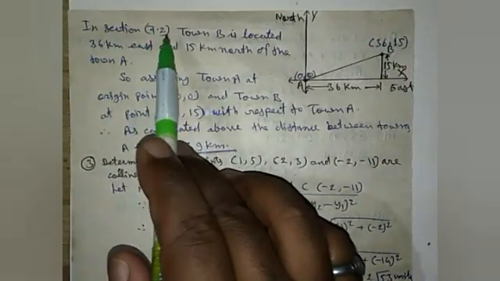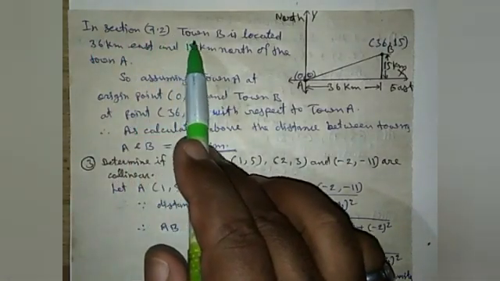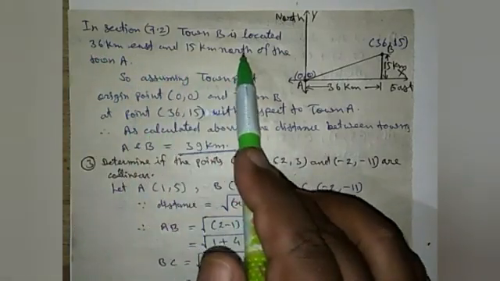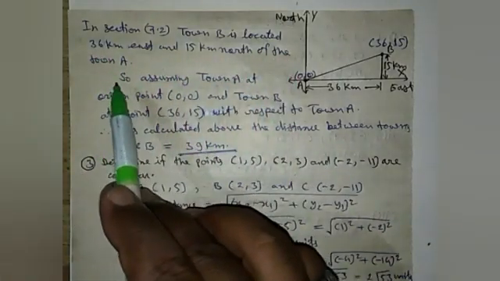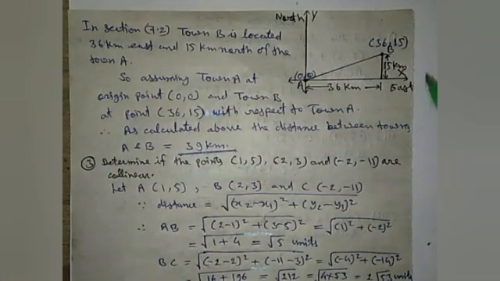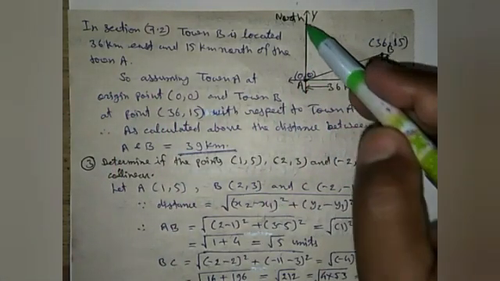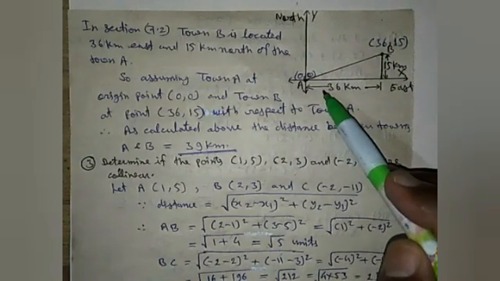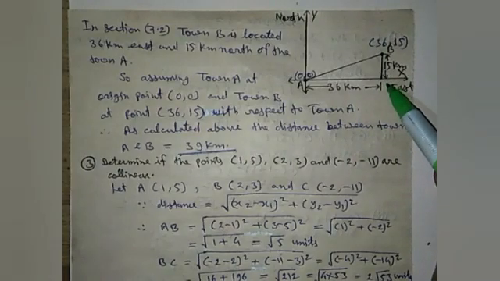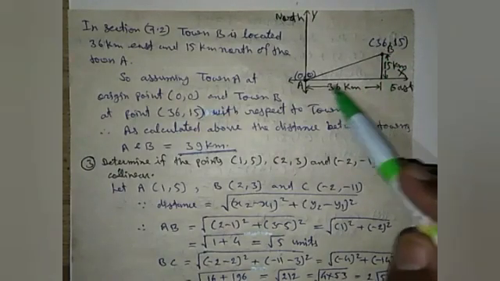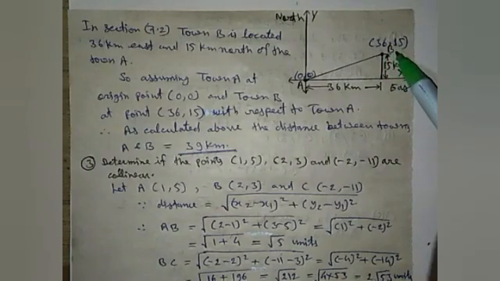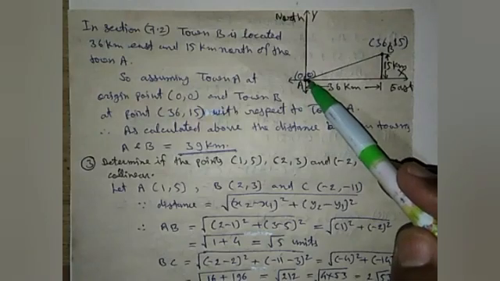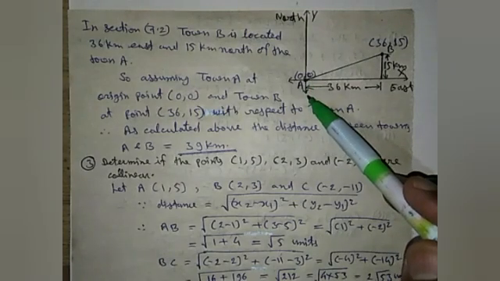Here in section 7.2, it was given that town B is located 36 km east and 15 km north of the town A. So it is shown in the figure here. It is the direction of east and it is the direction of north. So here town B is 36 km east and 15 km north. So it is located here by point B, and here we can take the town A at the origin of the Cartesian plane.